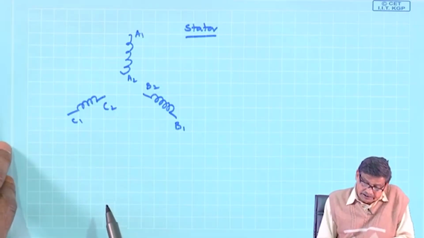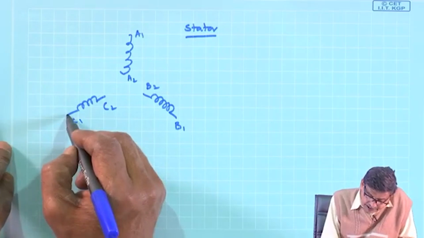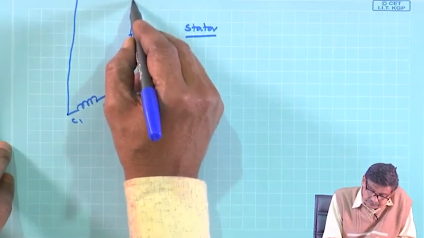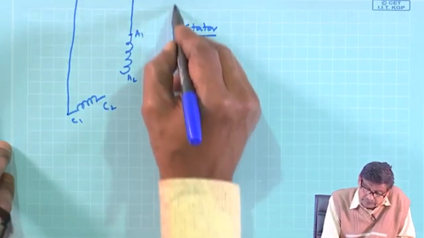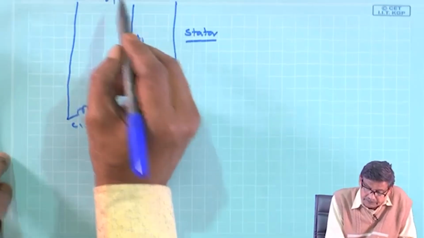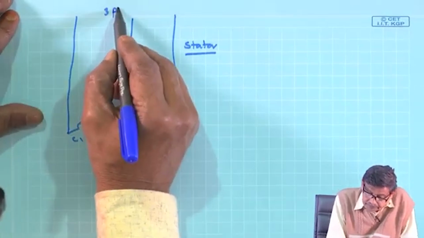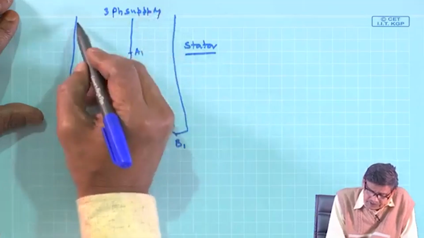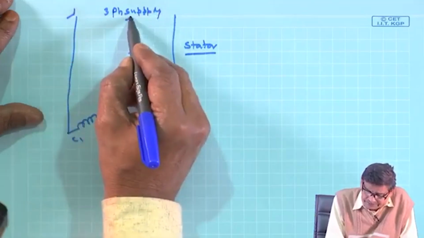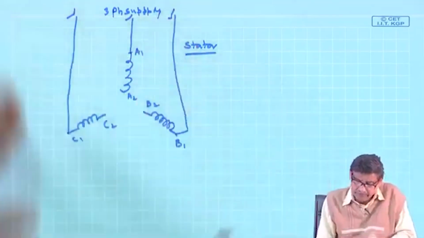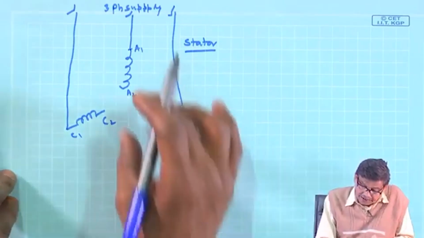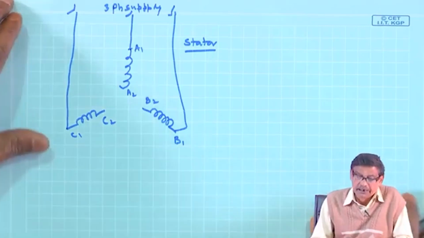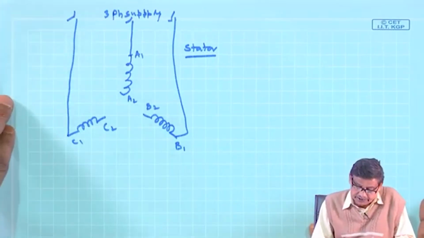What I will do is connect these 3 to the supply. Here is your 3 phase supply, with a few switch units, etc. And these 6 terminals must be available to me in order to implement a star delta starter.